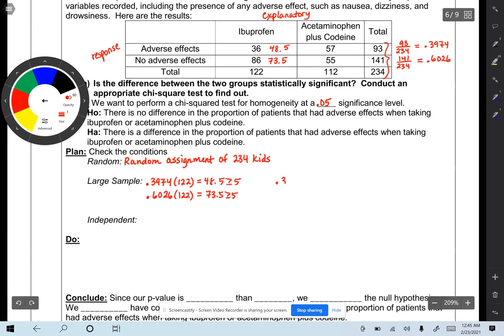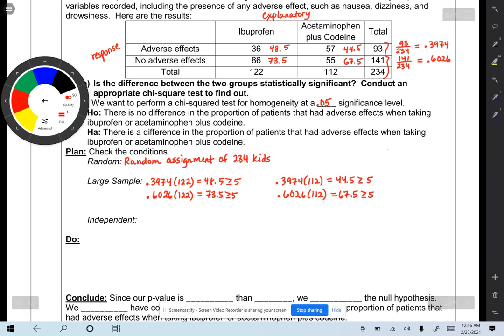So 0.3974 times 112 is 44.5, which is greater than or equal to 5. And then 0.6026 times 112 is 67.5, which is greater than or equal to 5. I'll put those right here, and those are all met.